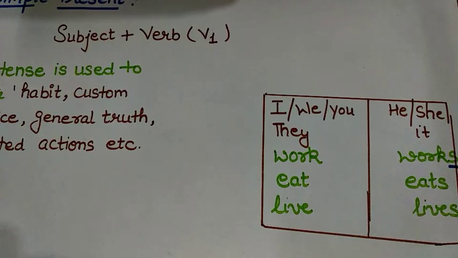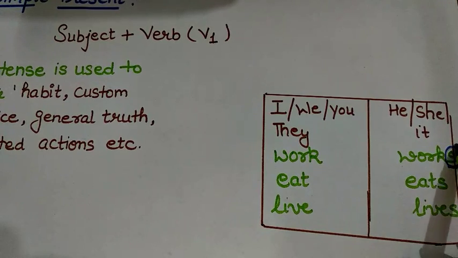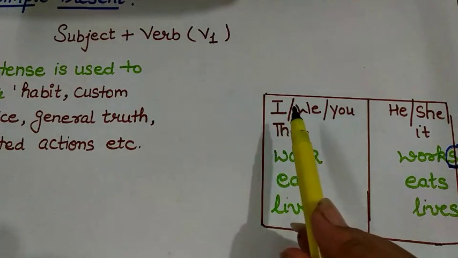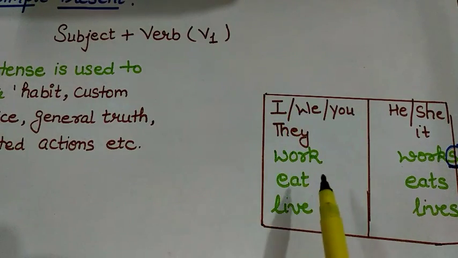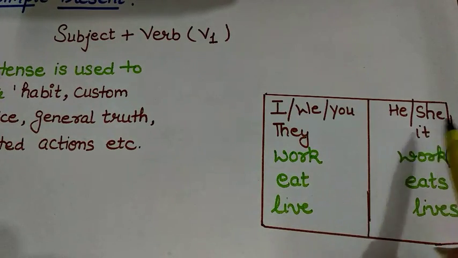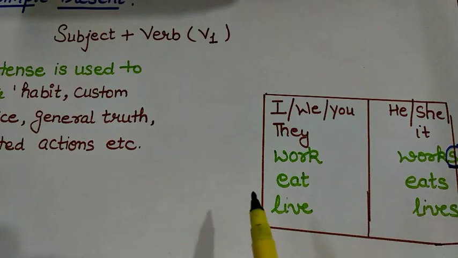Actually, this concept is based on subject-verb agreement, which denotes this s as singular verb with singular subject. So when the subject is he, she or it, we use s or es with the verb depending on the verb. So works, eats and lives.